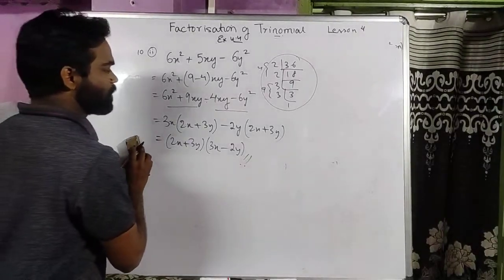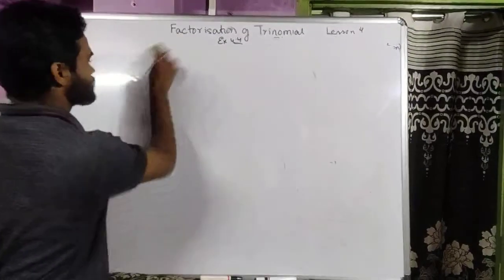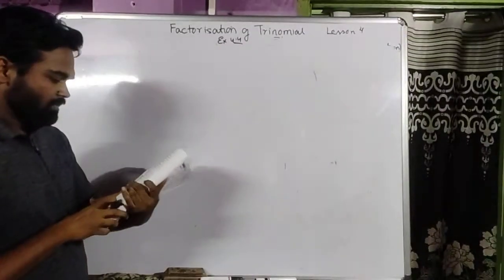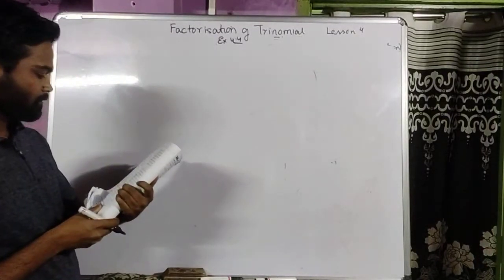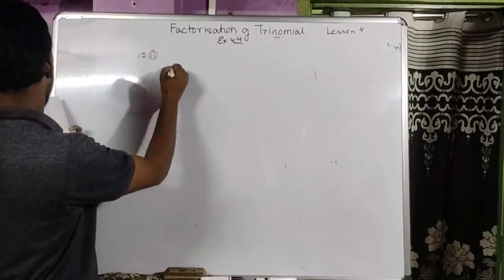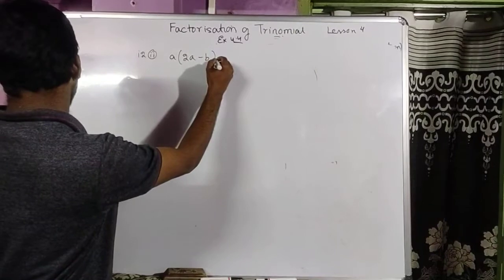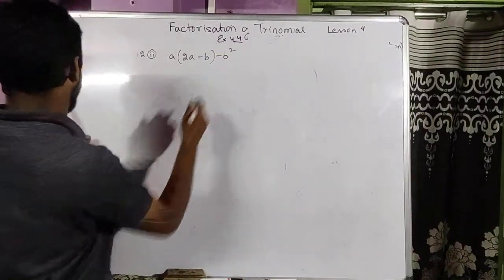Now we look at sum number 12 part 2. This is 2a minus b, minus b square.